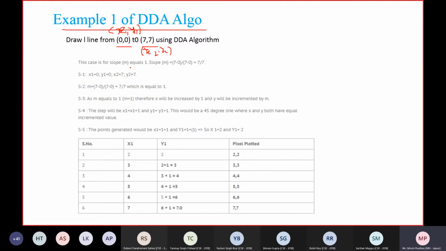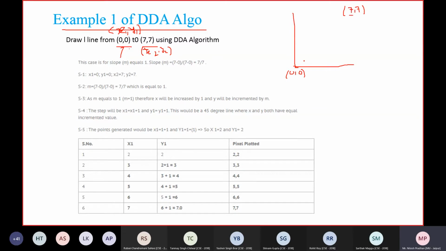So as per the steps, first of all we start our journey from point (0,0). Currently you are at this position, (0,0), and let us assume (7,7) lies somewhere here. So this is your (7,7).